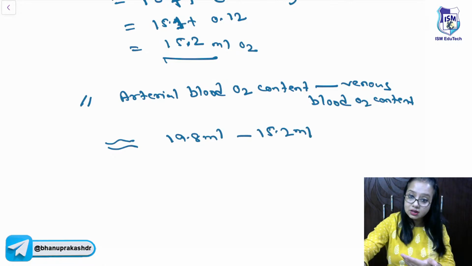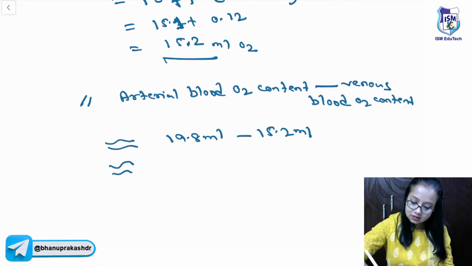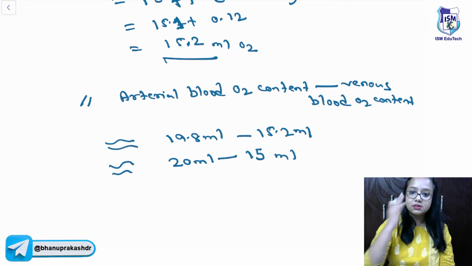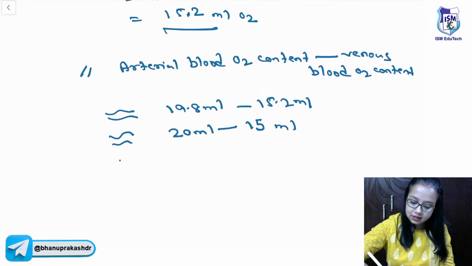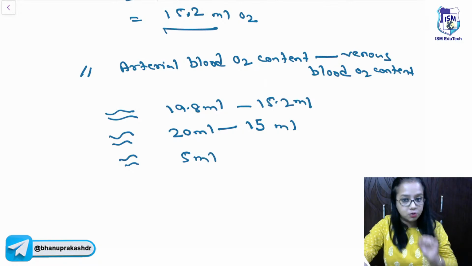For convenience, let us round it up and write 20 minus 15 ml, because 0.2 is less than 0.5. So it is roughly 5 ml. Exactly it is 4.6, but 4.6 is also equal to 5 ml.